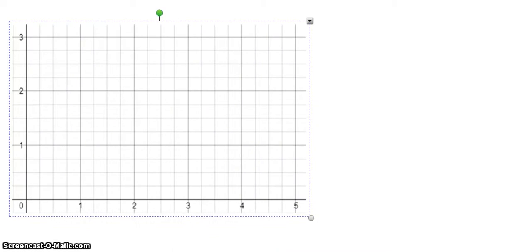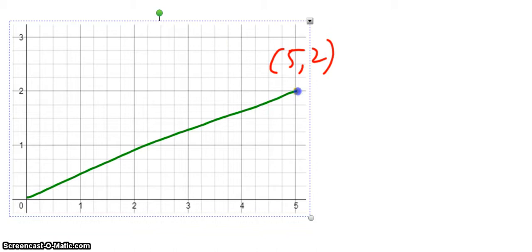So here I just cut out a little bit of the first quadrant on a graph. And if I plot this point right here, 5, 2. So I know this is the point 5, 2, but we want to make sure we understand where that comes from. Or I should say, how does this point relate to a right triangle?